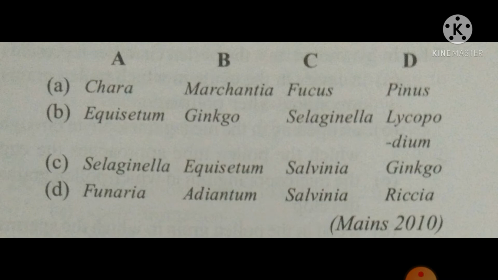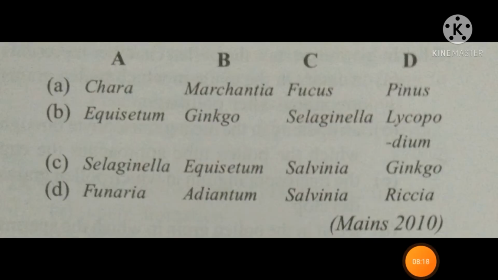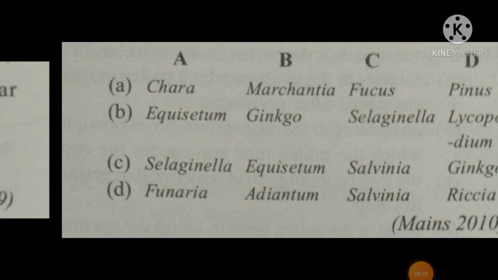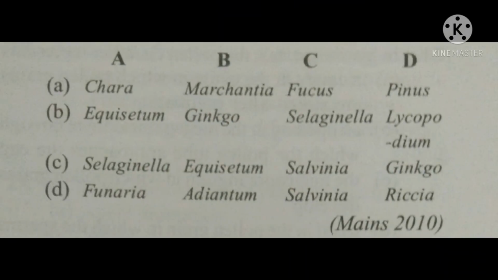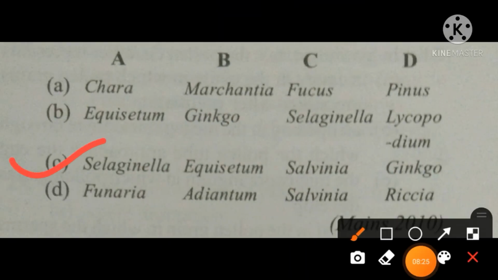D. Funaria, Adiantum, Salvinia, Riccia. So the correct answer for this is C. Selaginella, Equisetum, Salvinia, Ginkgo.